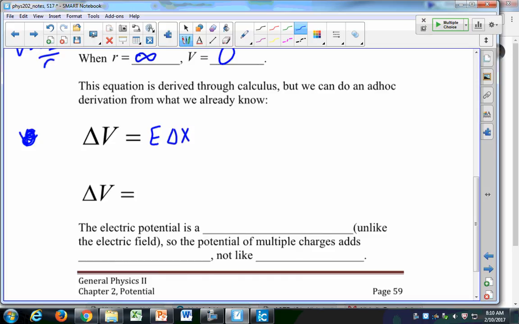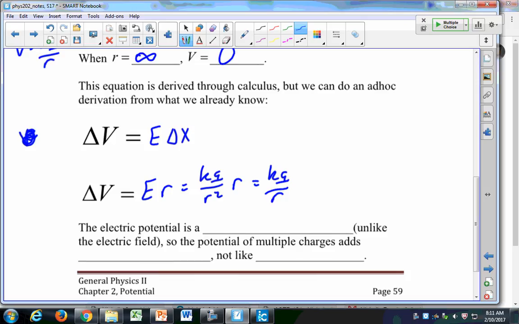We can say that this is equivalent to E times r, so I get kq over r squared times r, which gives me kq over r. You're not responsible for this derivation, but this is roughly where it comes from. Not responsible for it.